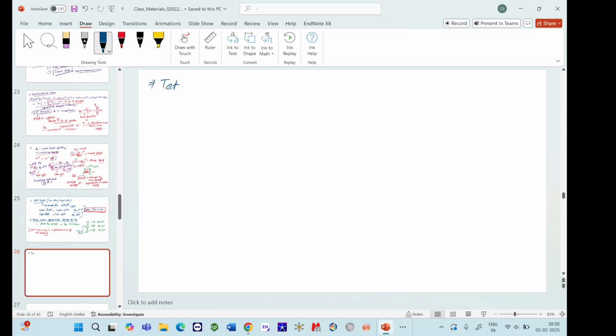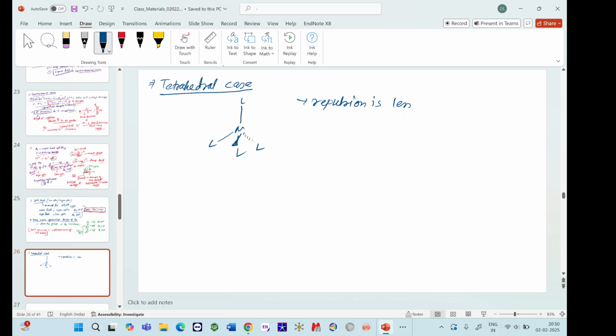For tetrahedral cases, you no longer have 6 ligands, you have 4 ligands. And if you have a smaller number of ligands, your repulsion is less.